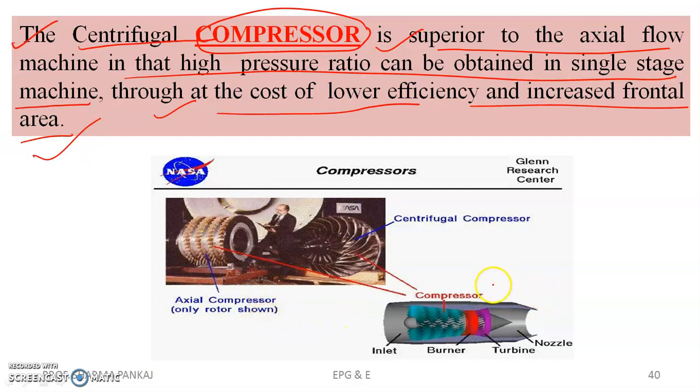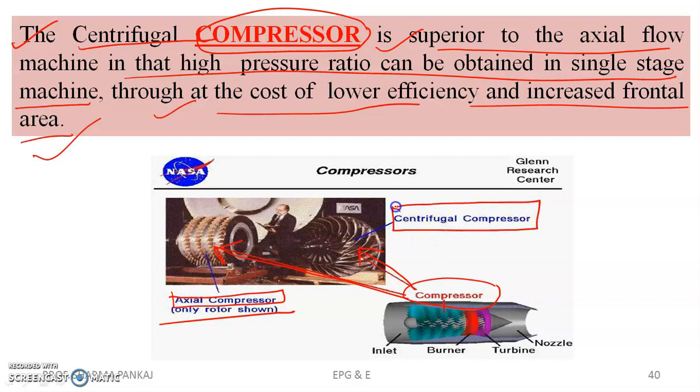See, this is a compressor diagram. This is the position. You can see this is your rotor shaft. This is your axial compressor, and this is your centrifugal compressor. Inside the compressor there is the inlet. This is a burner, this is your turbine portion, and this is your nozzle portion.